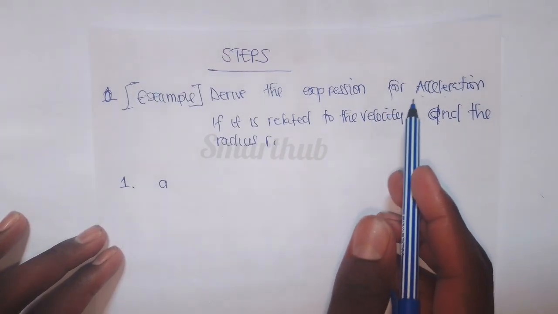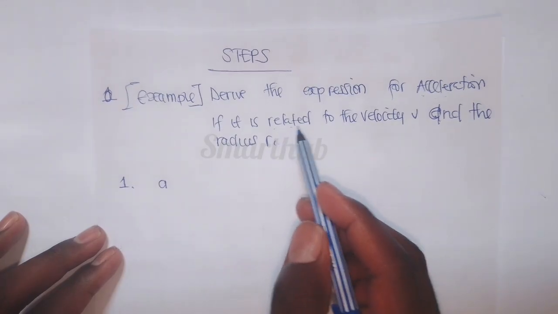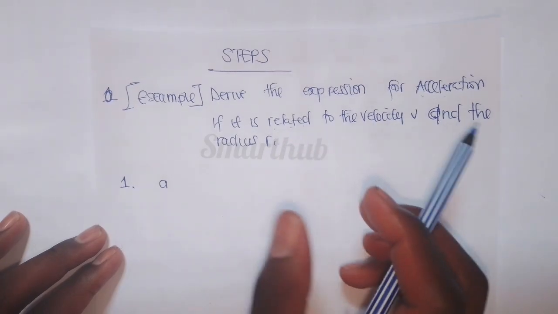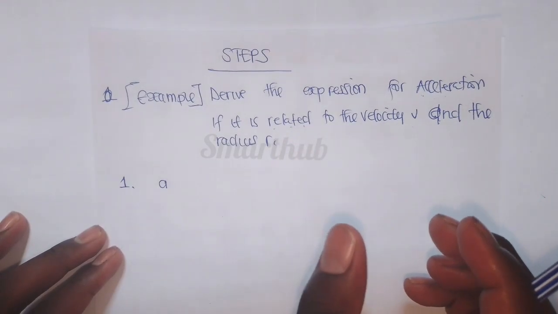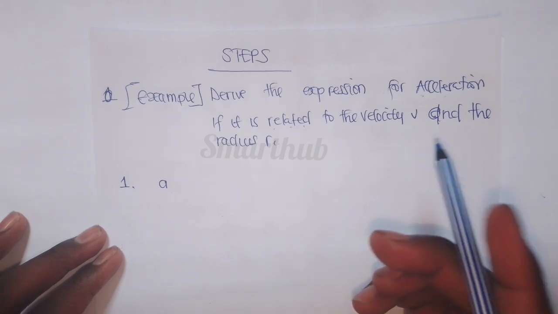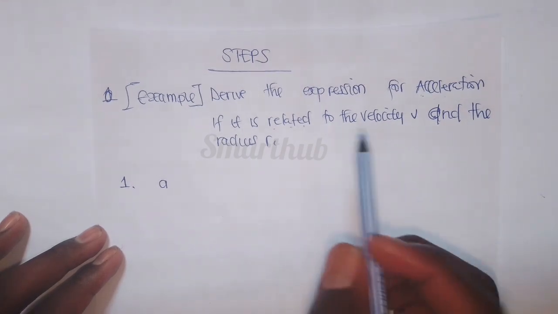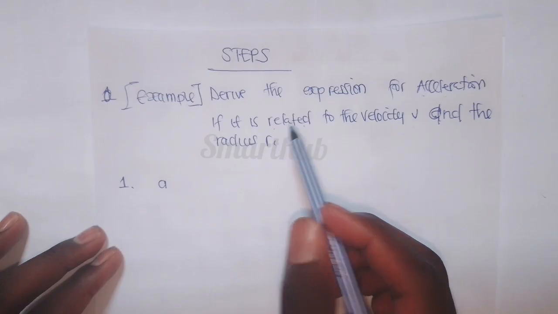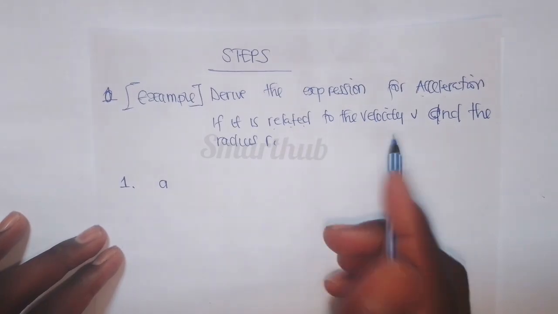Here they are saying related. So there is a symbol we use, the alpha or proportionality symbol, that we use when you're talking about relation.